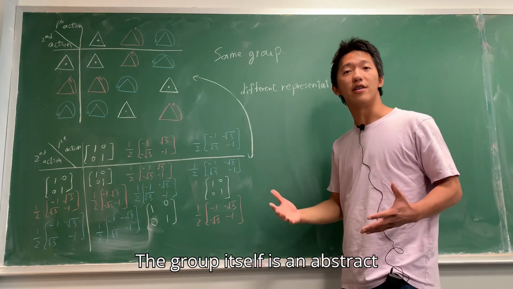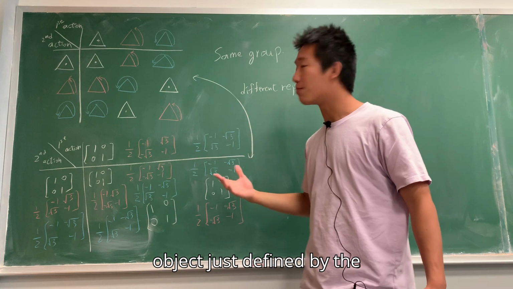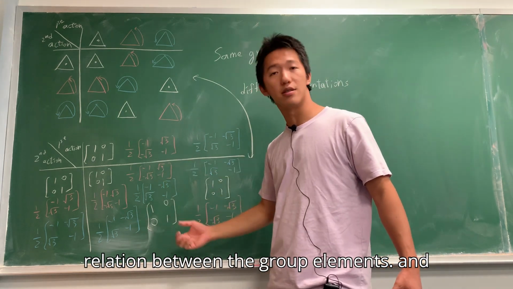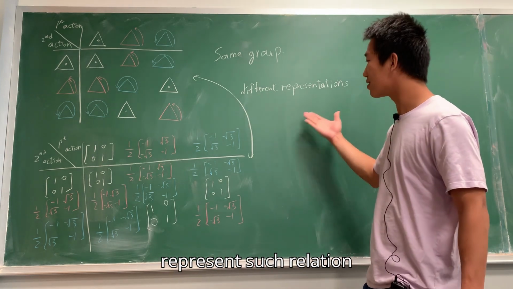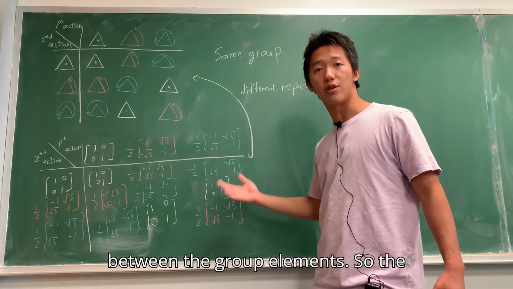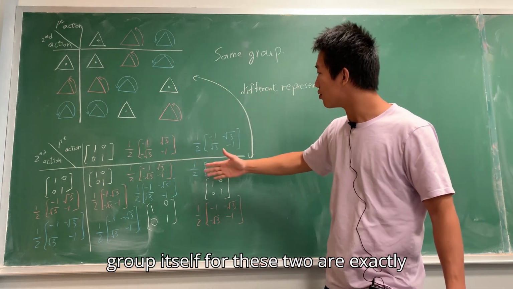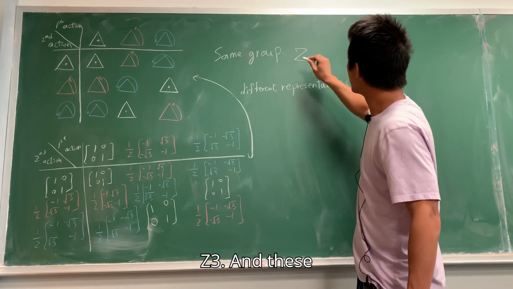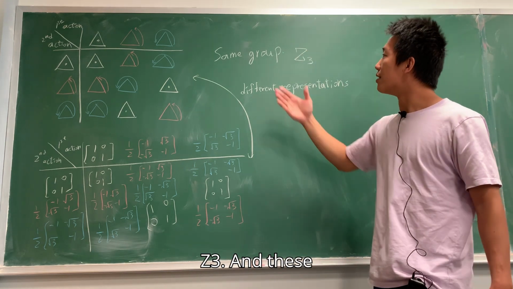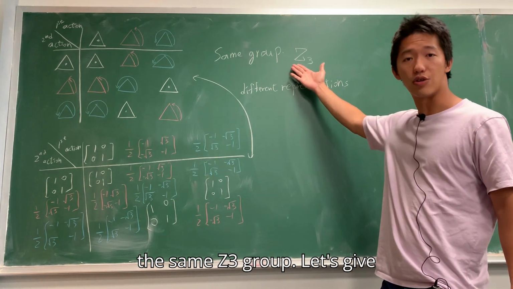The group itself is an abstract object defined by the relation between the group elements, and there are many ways we can represent such relations. So the group for these two is exactly the same, and its name is Z3. These are two different representations of the same Z3 group.